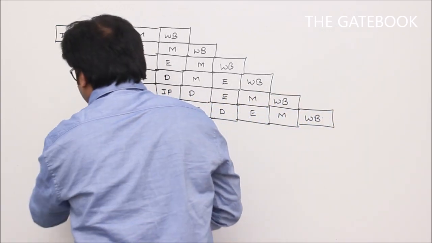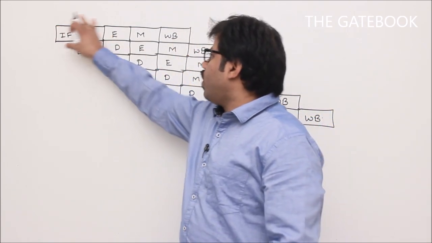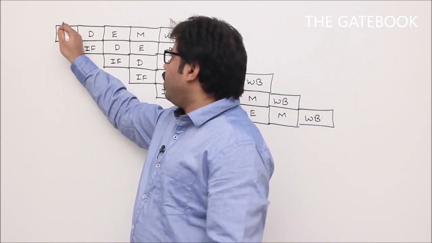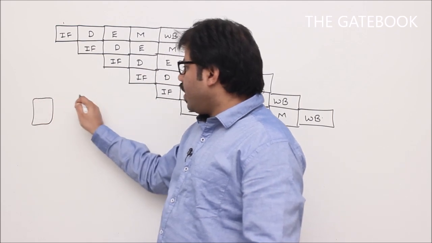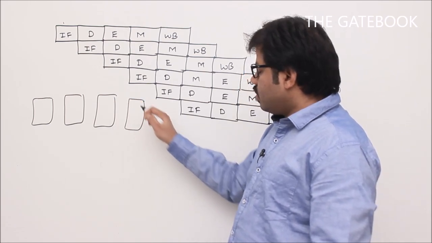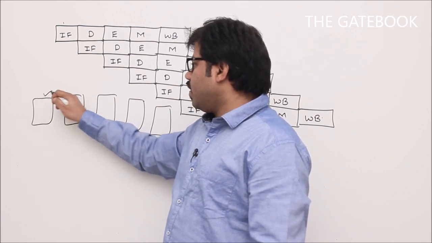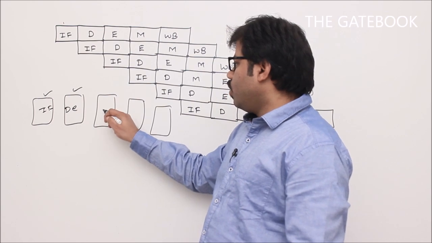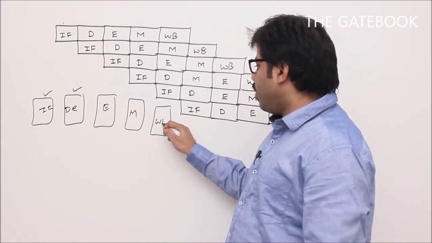Now just forget about this entire picture and focus on the first row. You have hardware, and that hardware has 5 components. They can be designed in such a way that they do instruction fetch, decoding, execution, memory access, and write back.